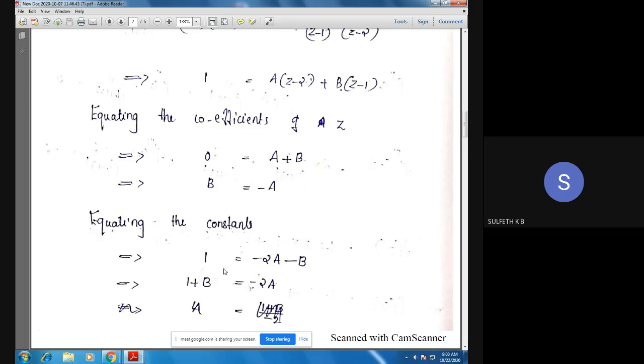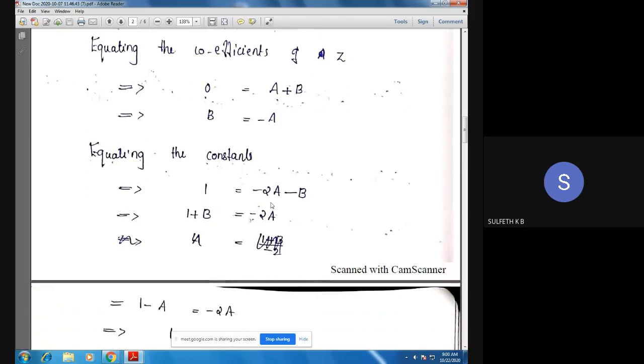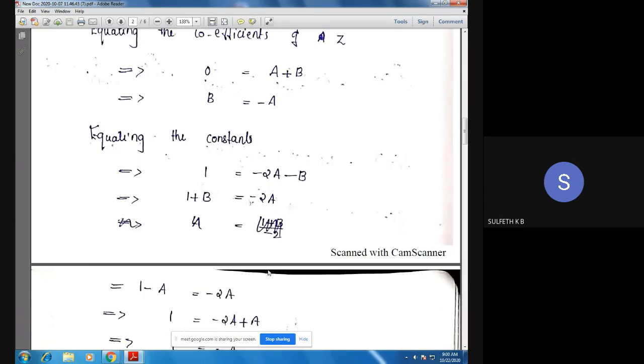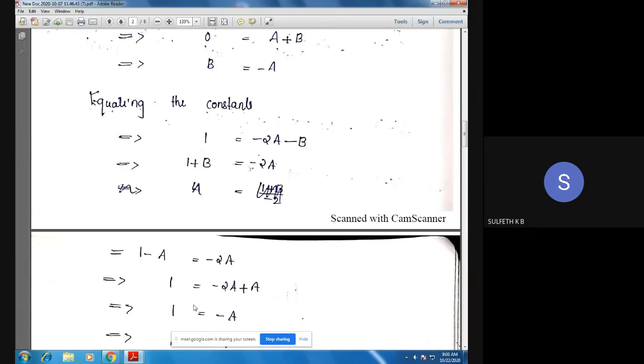Then this equation will become 1 is equal to minus 2A minus (minus A). That is minus 2A plus A. Minus 2A plus A equal to minus A. You can avoid these two steps.